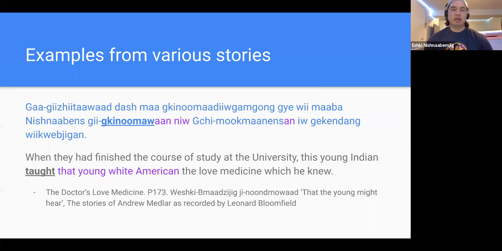So we'll get into some examples from various stories. This one is from the story called The Doctor's Love Medicine, which is from the book called Weshki-anishinaabemojig. So I'll read this.